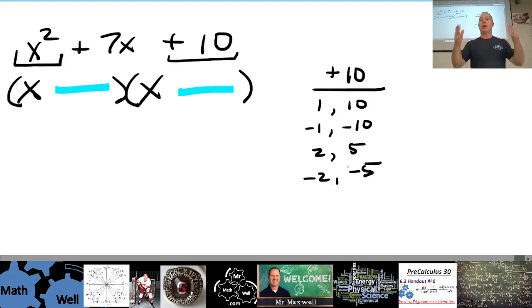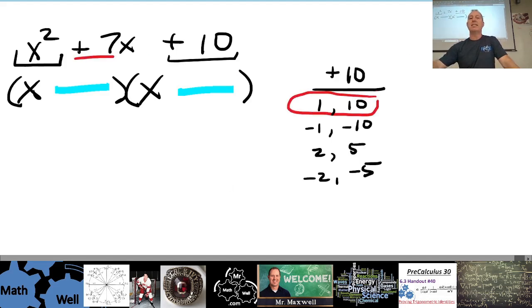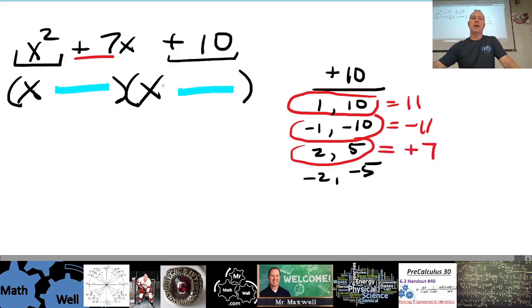But right now, I'm trying to help you see what your mind will be thinking of later. And so you look at these combinations. Okay, 1 plus 10, does that give me 7? Nope. Negative 1 and negative 10, when I add those together, that gives me negative 11. That's not right. Positive 11, negative 11. 2 plus 5 gives me positive 7. Oh!